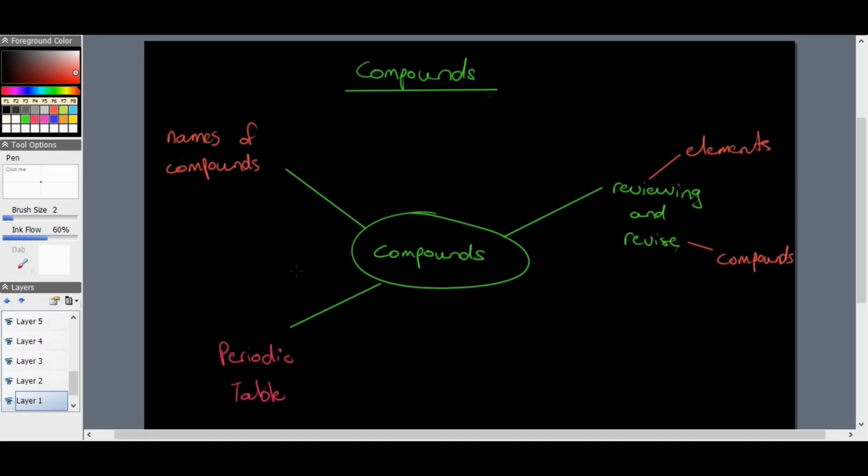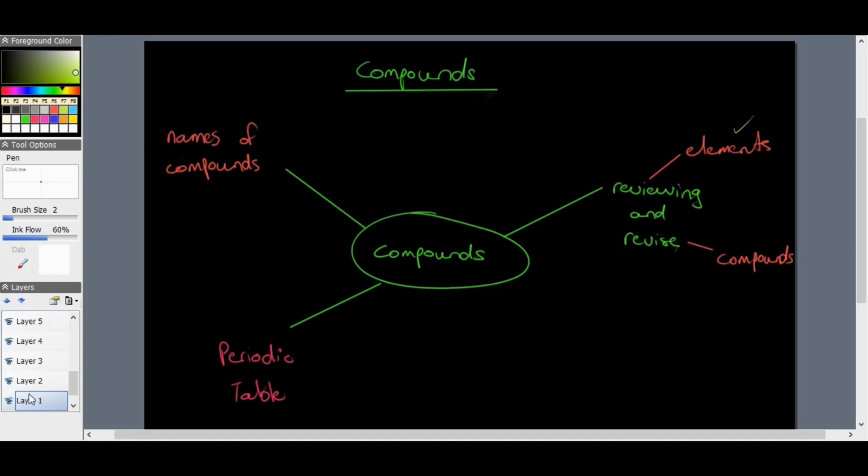Just to remind you on the reviewing and revising bubble there, in grade 8, what have we learned? We learned about elements. More specifically, an element is a pure substance. That's how we know an element. It's a pure substance that has only one kind of atom.